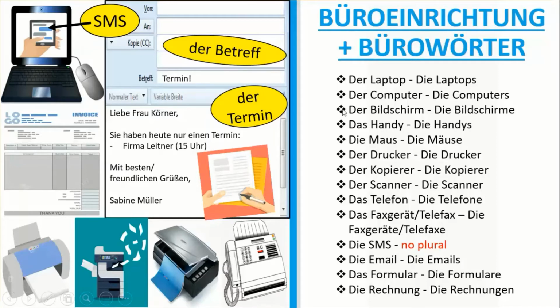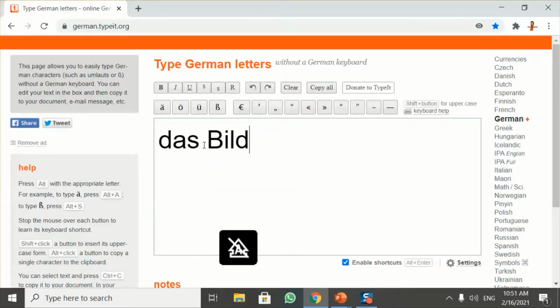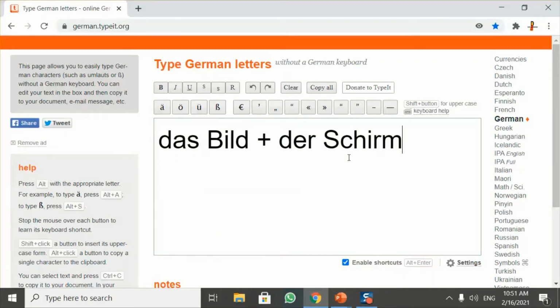Then we have der Bildschirm, singular, die Bildschirme, plural. This is a compound noun once again made up of das Bild, which is the photo or the painting or the picture even, and der Schirm, which is the cover.